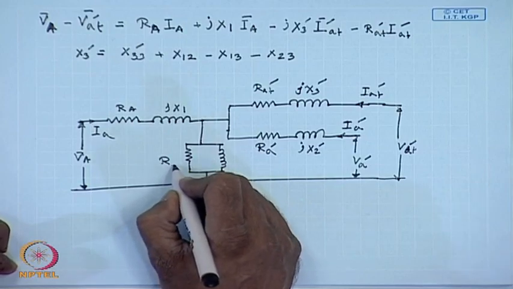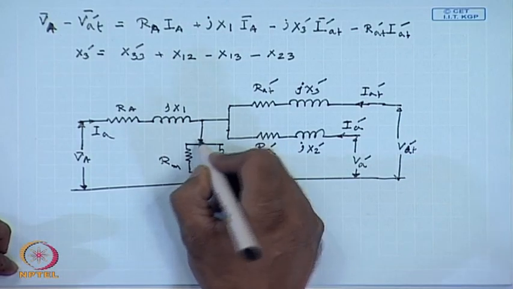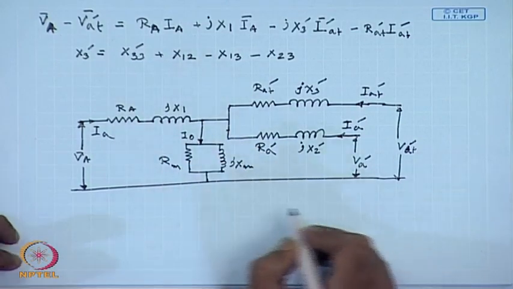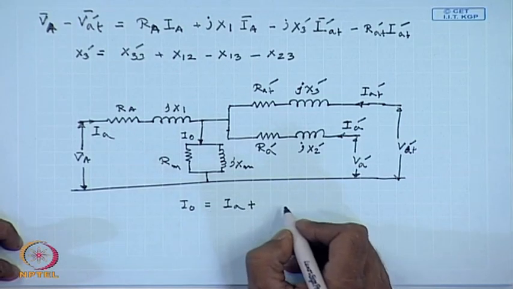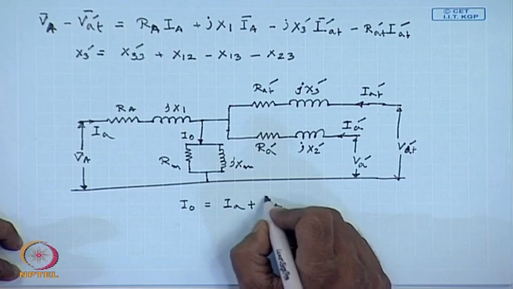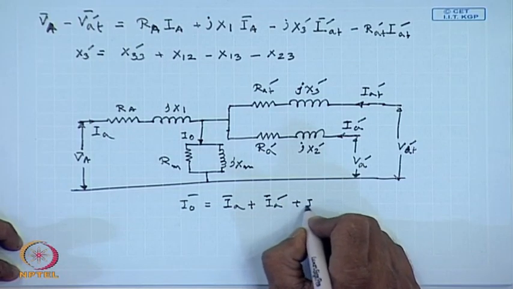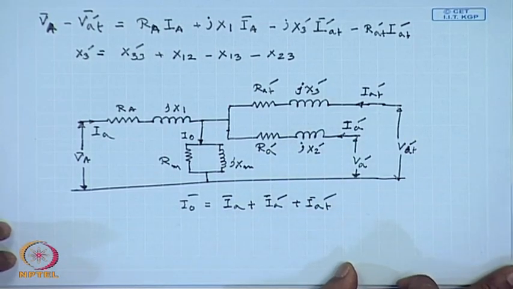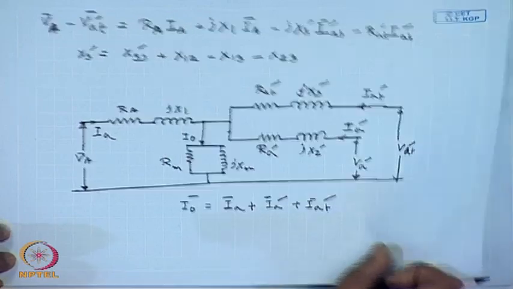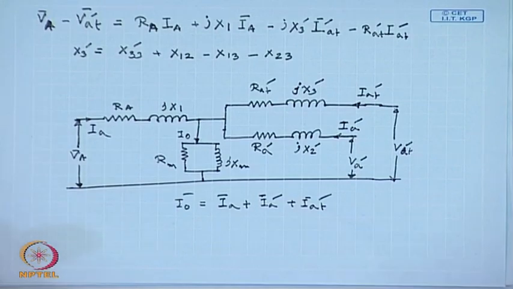This is R m, this is j x m, and this is I 0, where I 0 equal to I A plus I A dash plus I A T dash. So, this is the equivalent circuit of a 3 winding transformer.